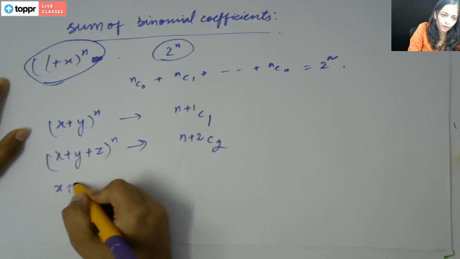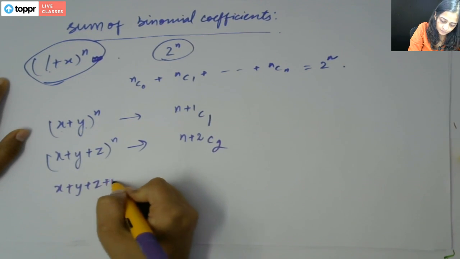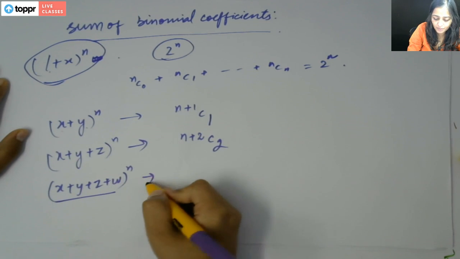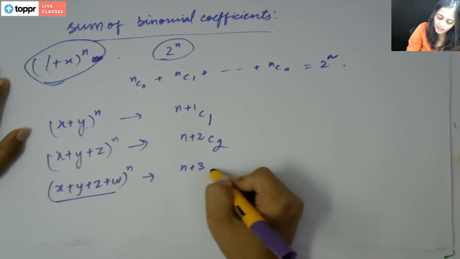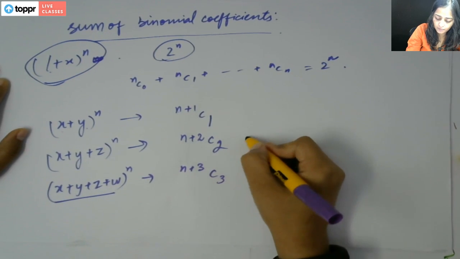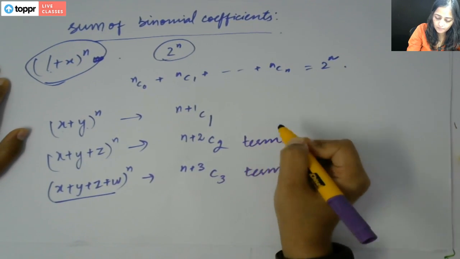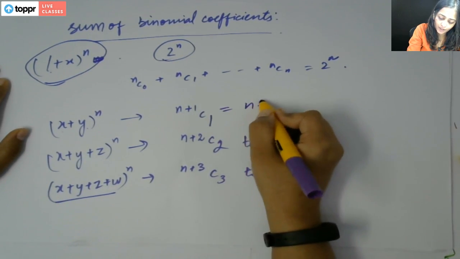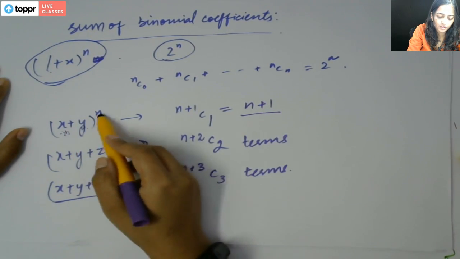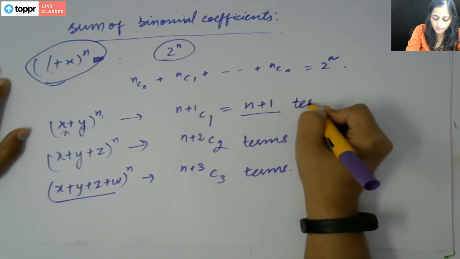If you have four terms and you expand this using the multinomial expansion, you will get (n+3)C3 terms. These are the number of terms. For two terms this is basically equal to n plus 1, which we already know: expanding two terms, we get n plus 1 terms.